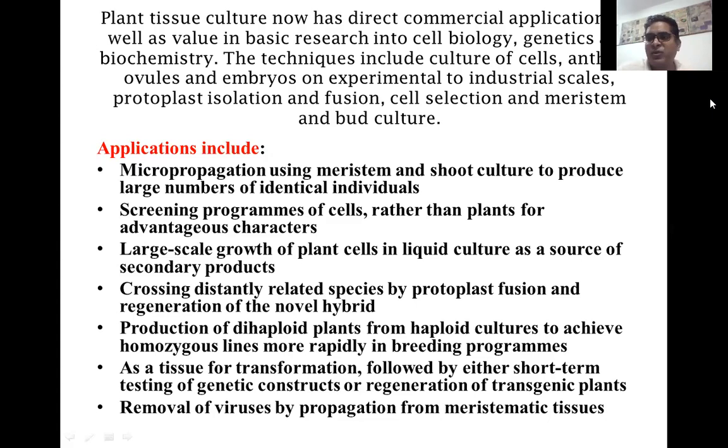If you have a good plant but with an infection, then you can use shoot tip grafting or shoot tip culture, and you can create your own plants for further use. So this slide can be adopted for a horticultural entrepreneur.